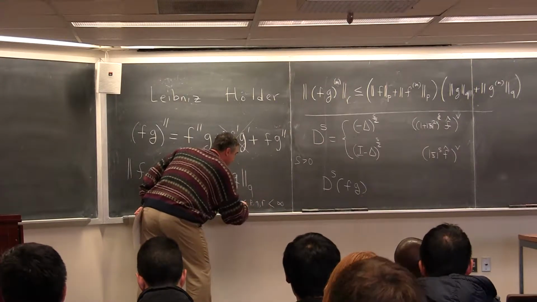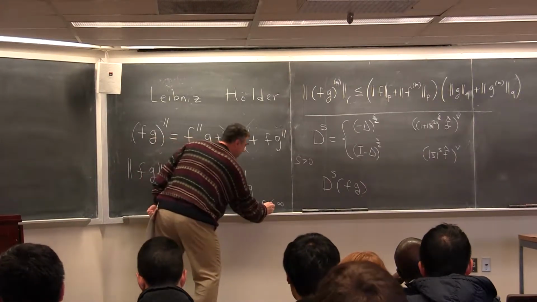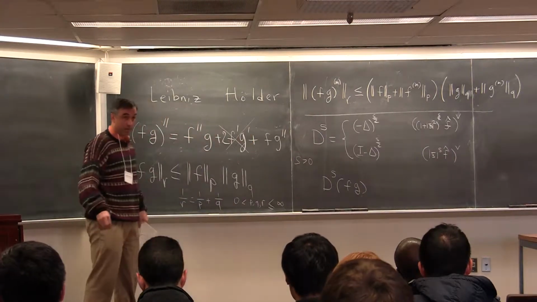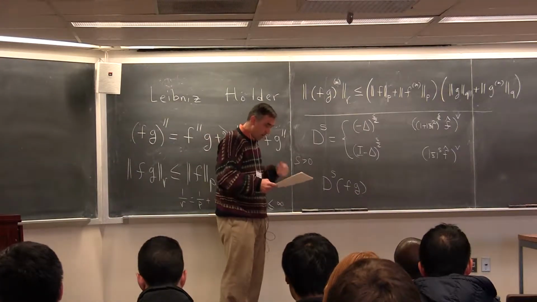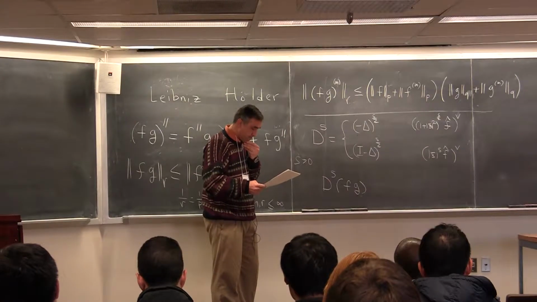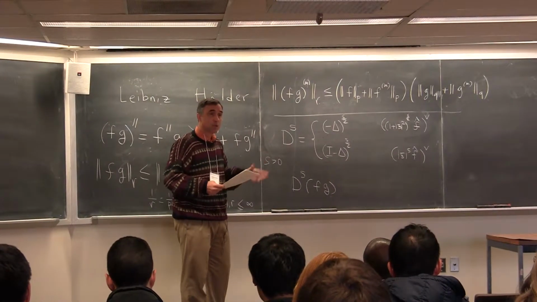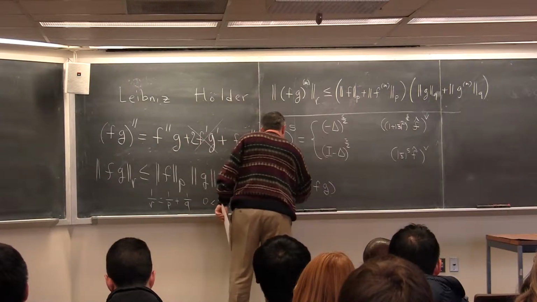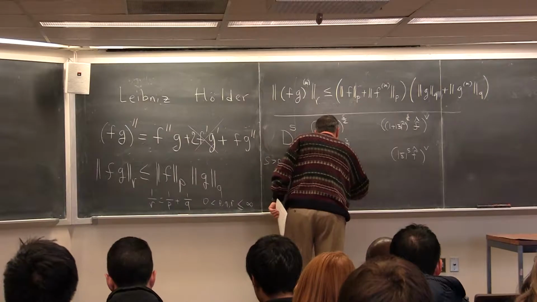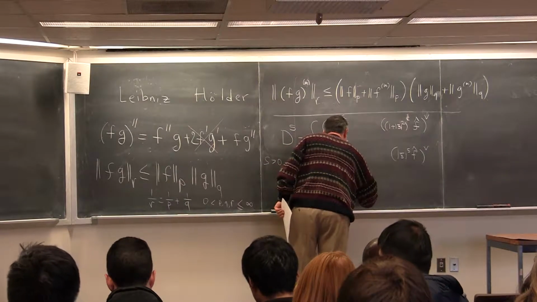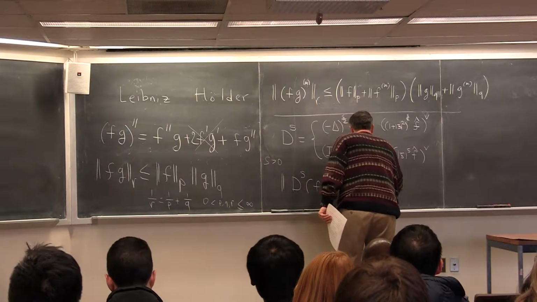In fact, they can be all the way down to 0, and they can even be equal to infinity. It turns out that there is a Hölder type inequality in this setting, and the inequality will be this one.